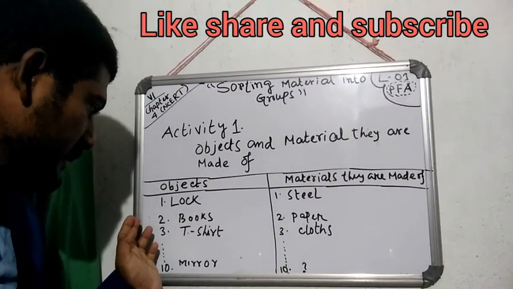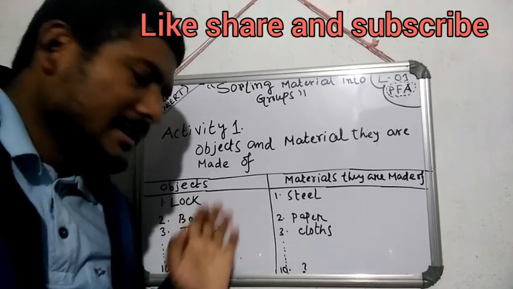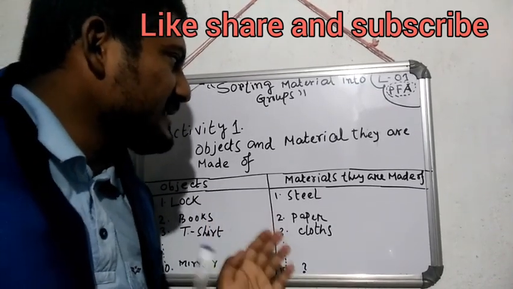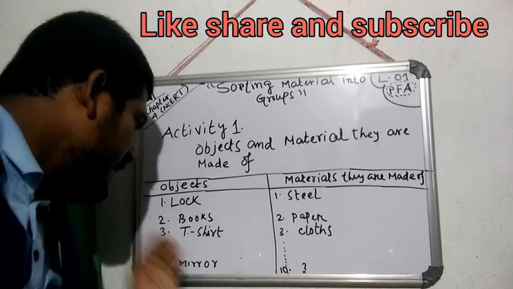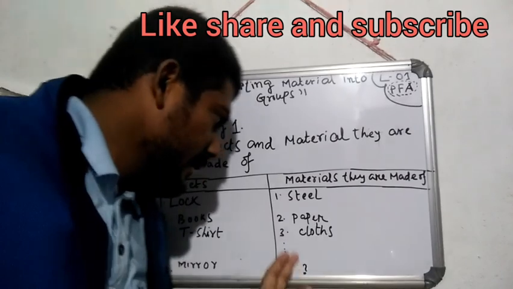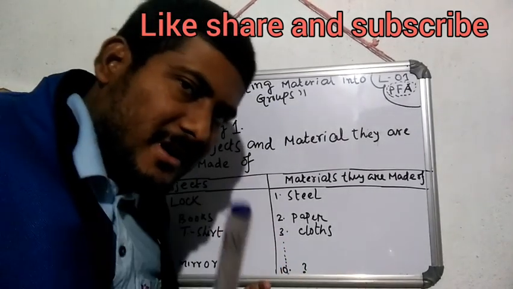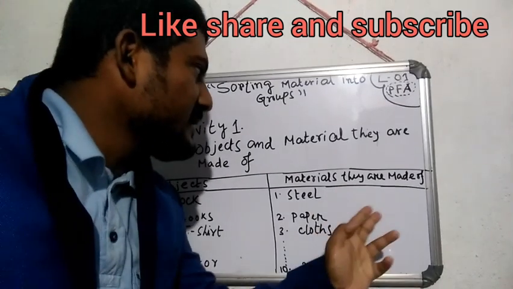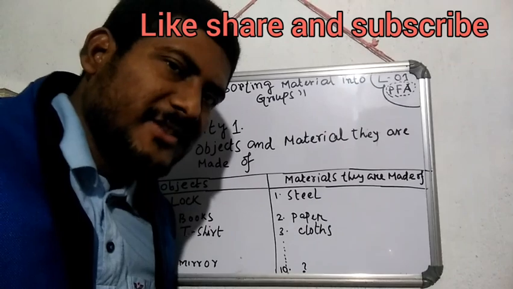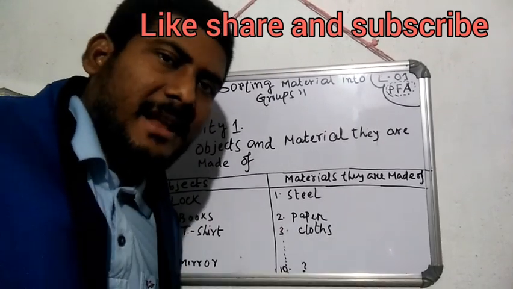You have to similarly make a list of 10 such objects and the materials they are made of, like the above. And in number 10 there is mirror. Now there is a question mark, and this is for you. You have to find out which material the mirror is made of, and put the name of this material here. Okay?